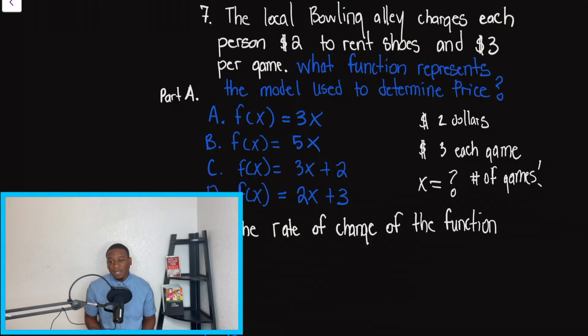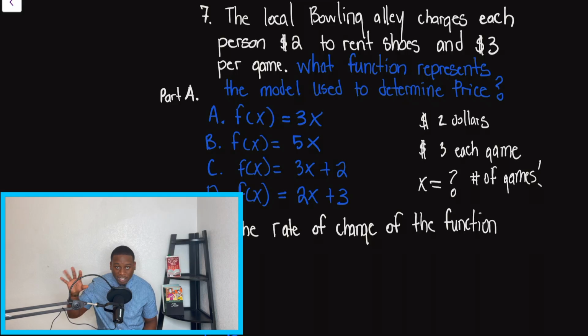So, what this means in this problem is that my variable is more than likely going to be attached to the $3 per game because that's the unknown. We don't know how many games. Once we figure out the amount of games, then we'll have to take that amount of games and multiply by the price of the game.